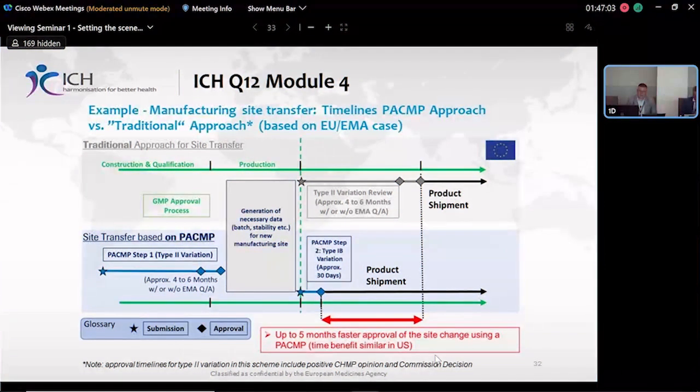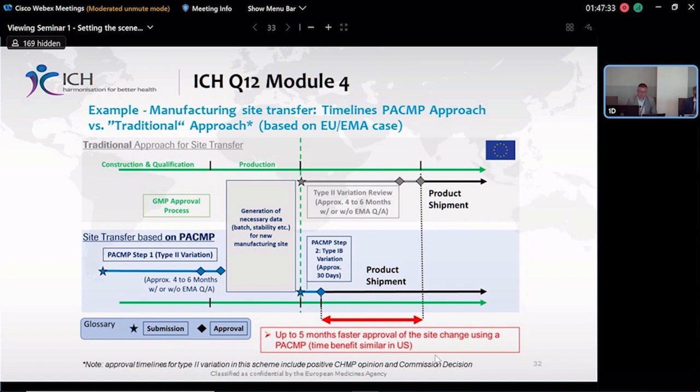If the same change is managed using a change management protocol, you can see that while the site is in construction and qualification, and before the production has started, the MA holder can already submit a change management protocol step 1 to say, this is what we're currently doing, this is what we intend to do, these are the batch and stability data we intend to generate in our new manufacturing site.